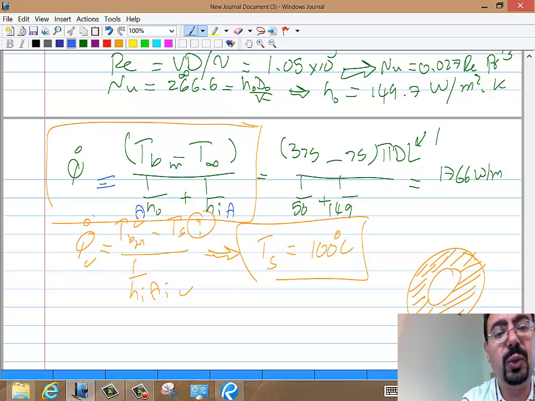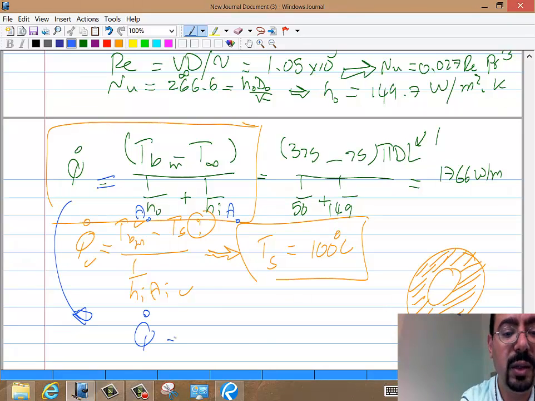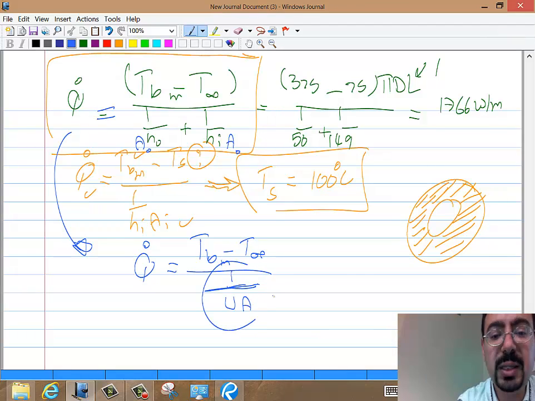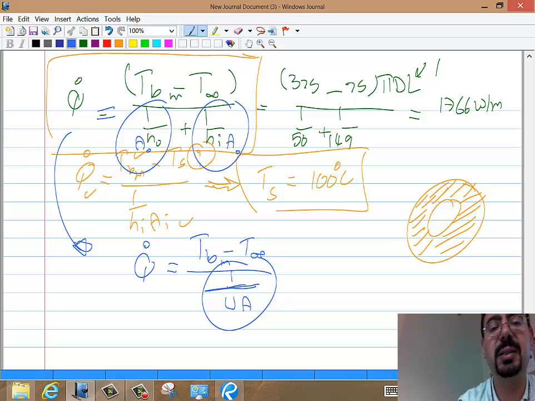So that Q dot, which was delta T over 1 over h out area out plus 1 over h i area i, can be written as Q dot equals T b minus T infinity over 1 over UA. So this would basically be this plus this.